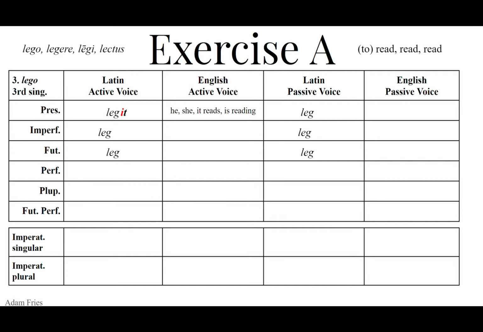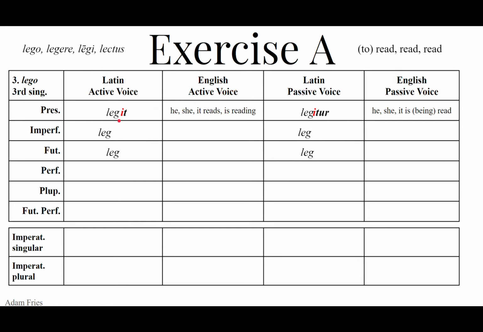It mostly means to gather, collect when it's prefixed. Otherwise, by itself, it usually means to read. In the passive, you're going to add the letter i before the tur to get legitur. He, she, it is read, or he, she, it is being read.